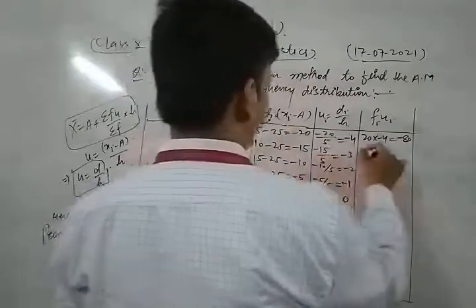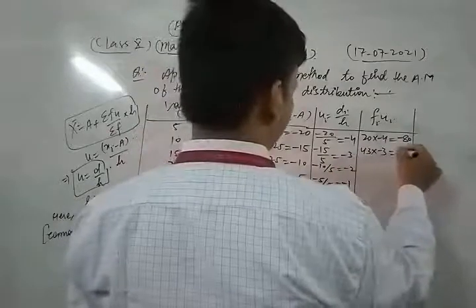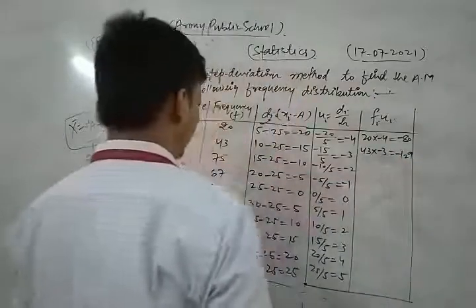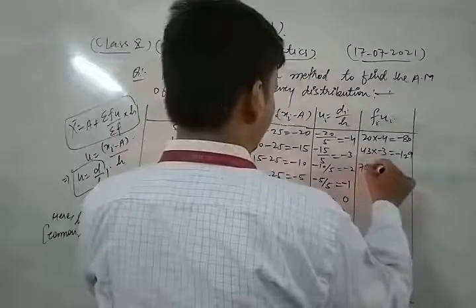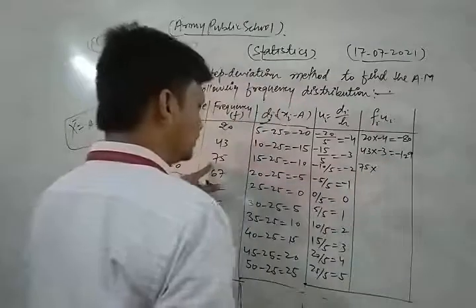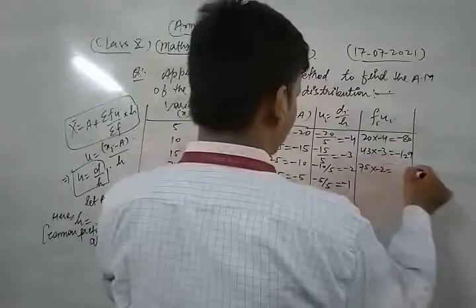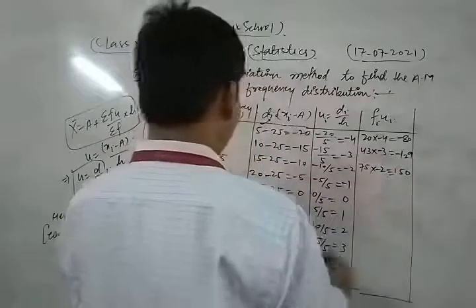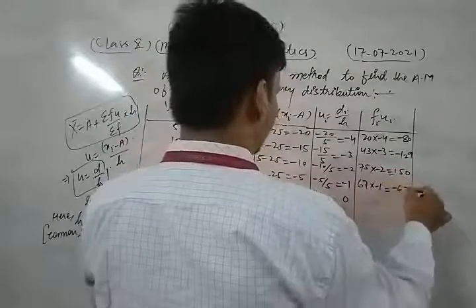Now 43 into minus 3, so we get minus 129. Now 75 into minus 2, this is minus 150. Now 67 into minus 1, that is minus 67.